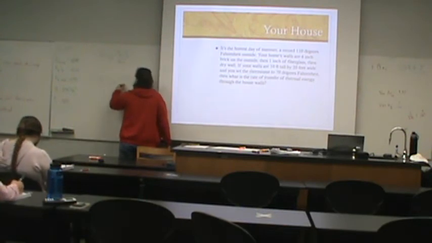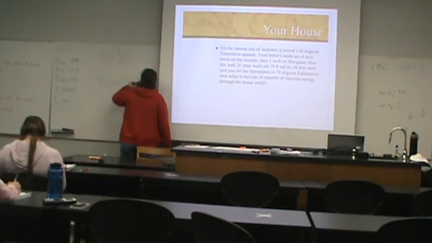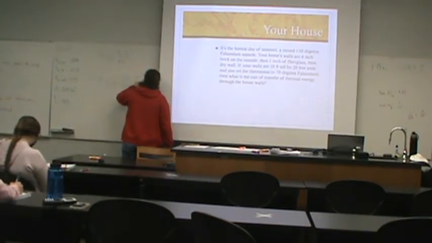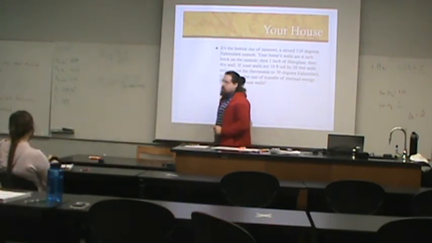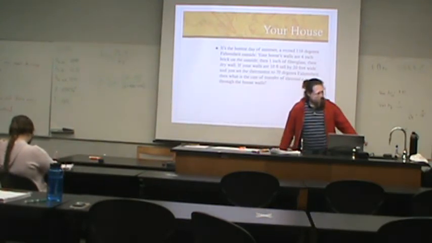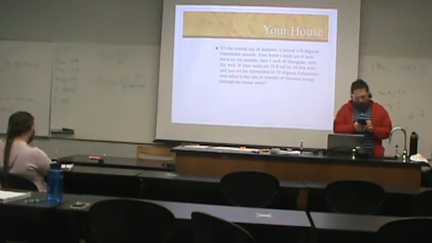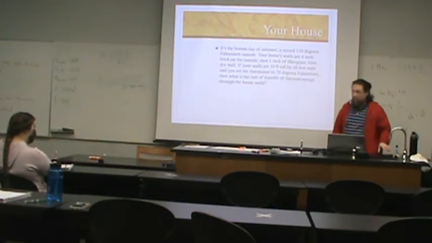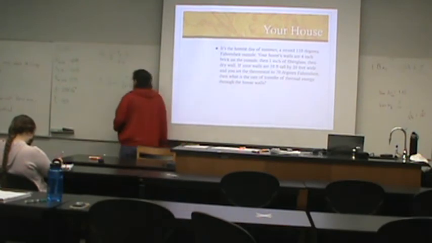And for R, we've got 4 plus 4 plus 4.35 plus 0.45. However many material layers there are, you just add them all together. The final answer will be in British thermal units per hour.